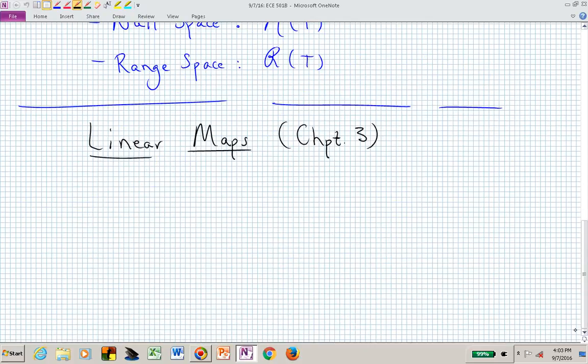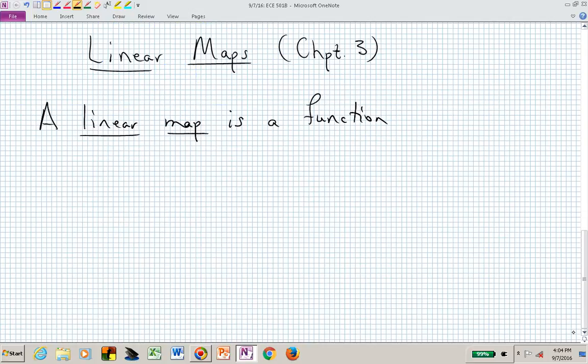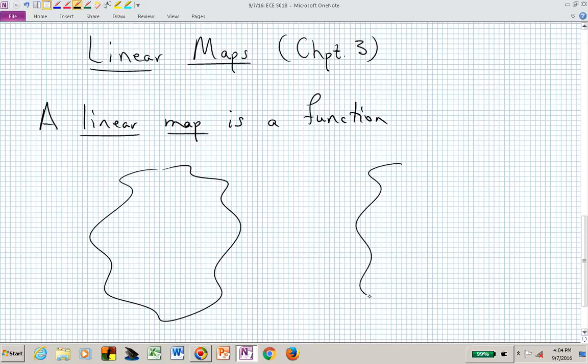Let's then start this discussion of Chapter 3 with the following. A linear map is a function, and I know that many of us are visual, and I just like to draw clouds. Maybe I'm always in the clouds, but here are two clouds.